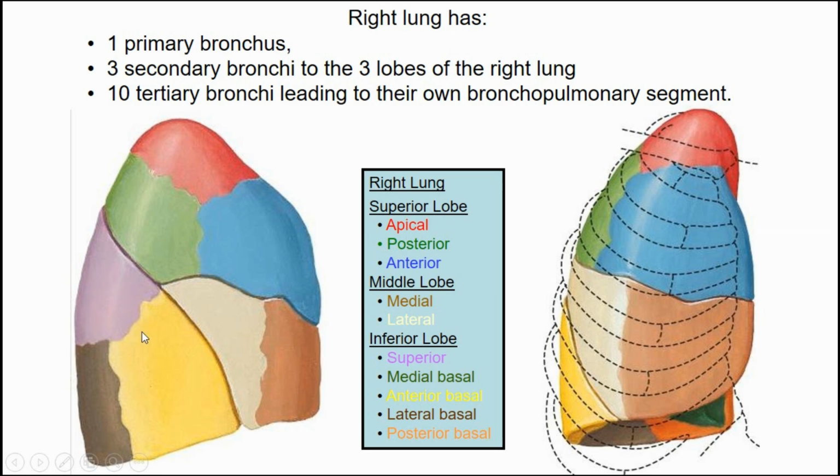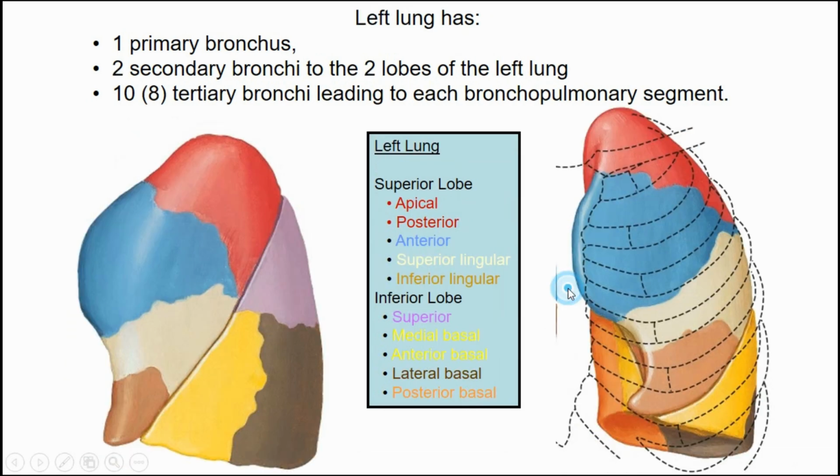It has a superior segment, but remember, it's the superior segment of the inferior lobe. So it's actually pretty far down here. And then all the others have the words basal on them because they're in contact with the diaphragm. So here's the anterior basal, lateral basal, posterior basal, and medial basal. So they're all in contact with the diaphragm, and we can get pneumonia as segmental pneumonia in any one of those. Same drill for the left lung.